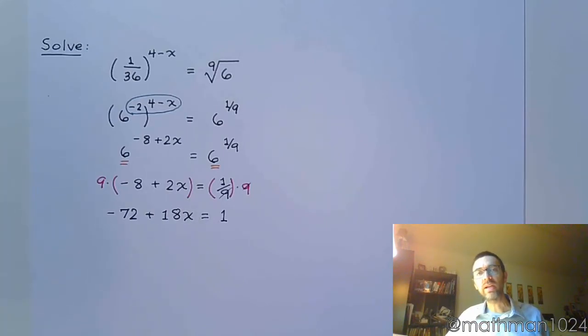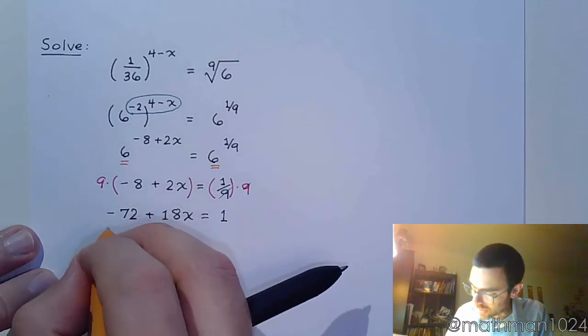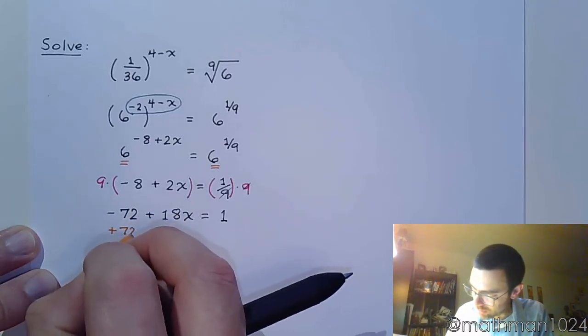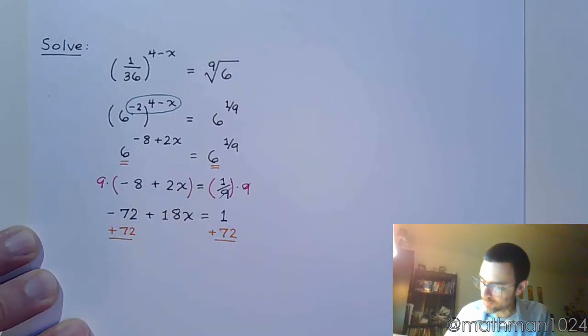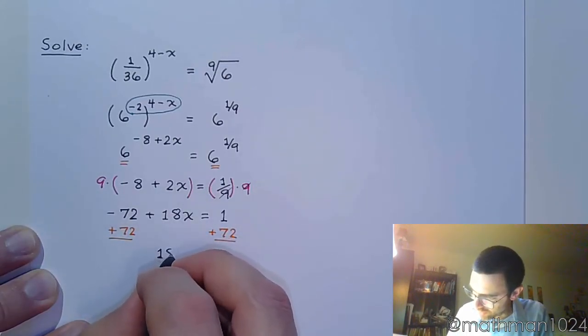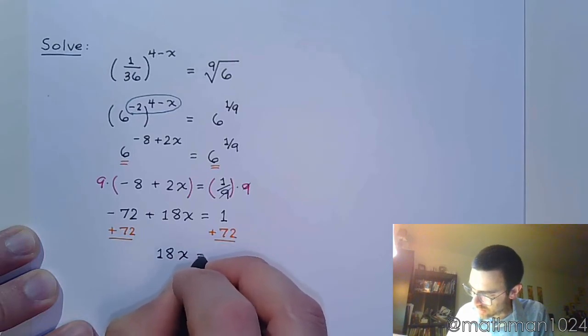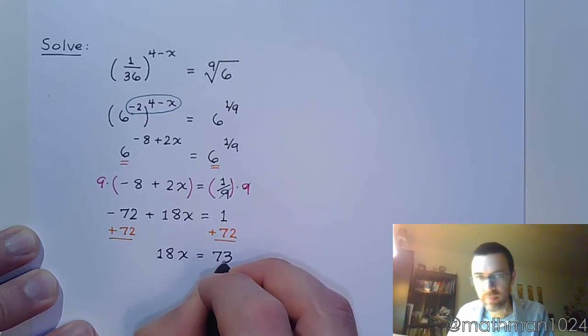And so again, you have a nice linear equation to solve. You need to get x by itself. So you're going to add 72 to both sides. And we have 18x is equal to 73.